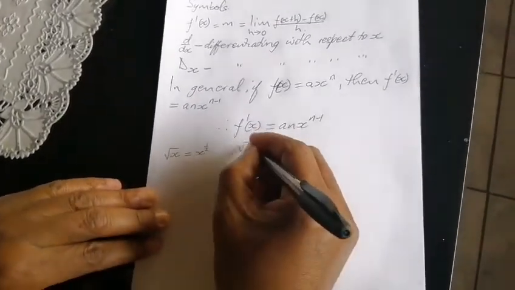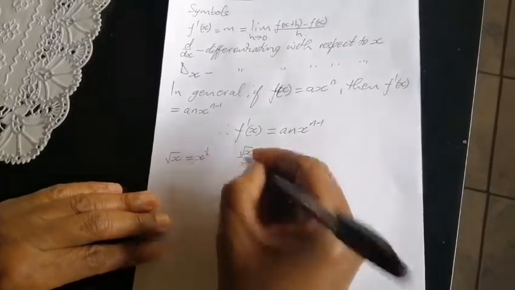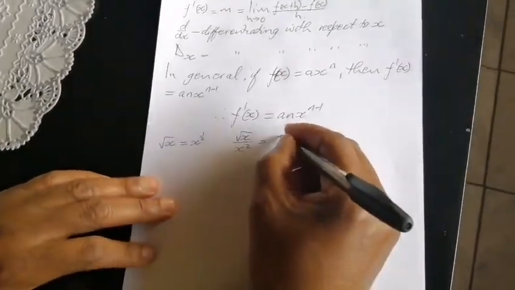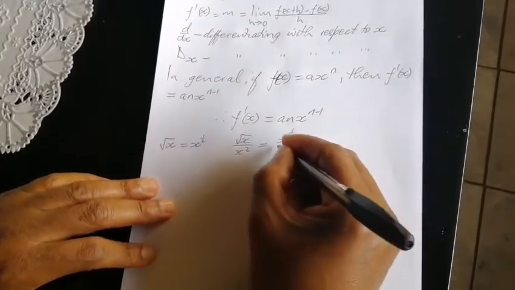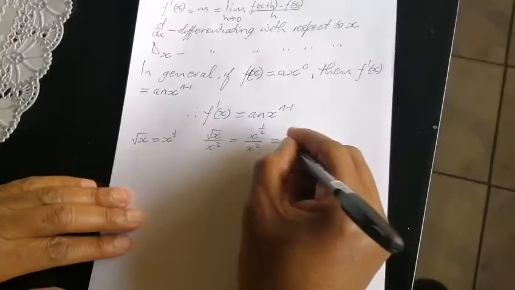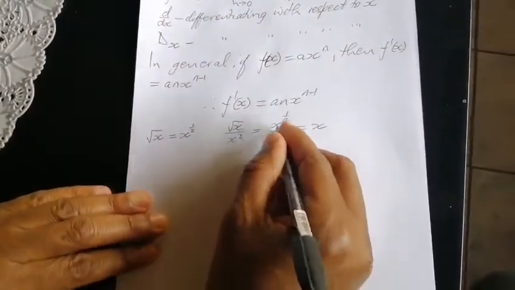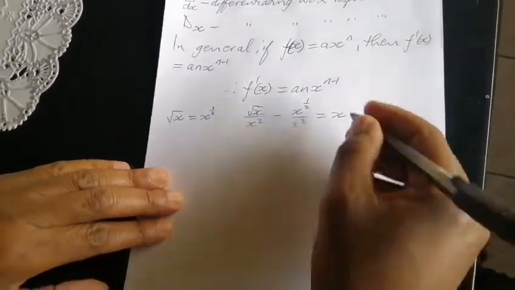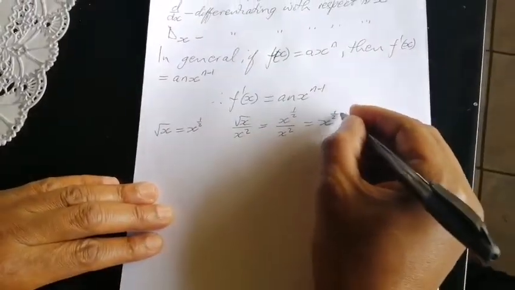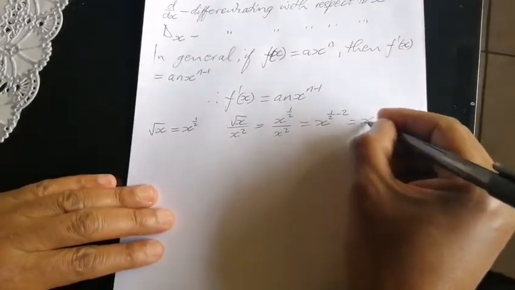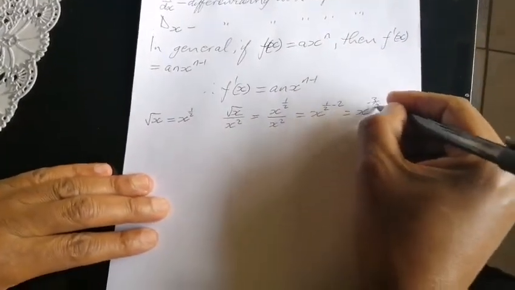If we have root of x over x squared, we first of all apply our exponent rules. It will be x to the power half over x squared. This again will be x. We are dividing the same base, different powers, power of denominator minus power of numerator, half minus 2. And this will give us x to the power minus 3 over 2.